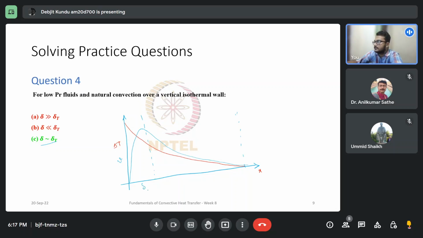We call it delta V. This is not exactly equal to the hydrodynamic boundary layer, but rather the region within which there are high gradients of velocity. This delta V is much less than delta T, and this is where this kind of relationship would hold good.